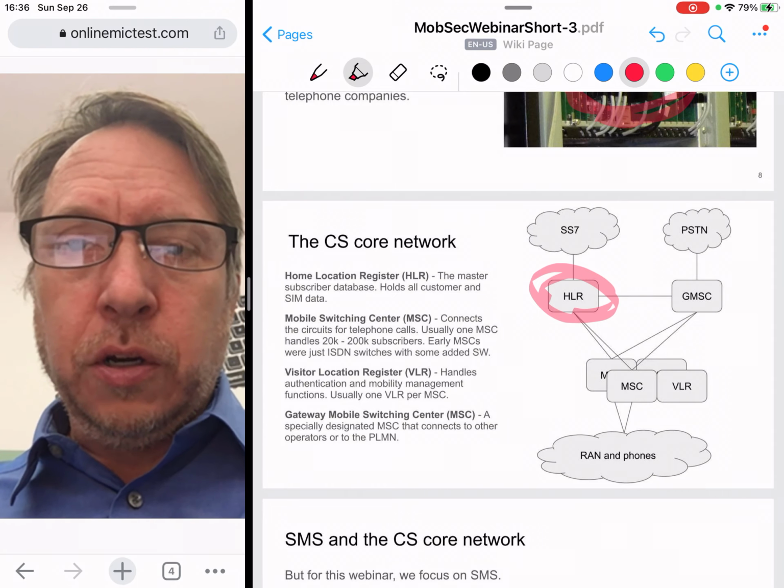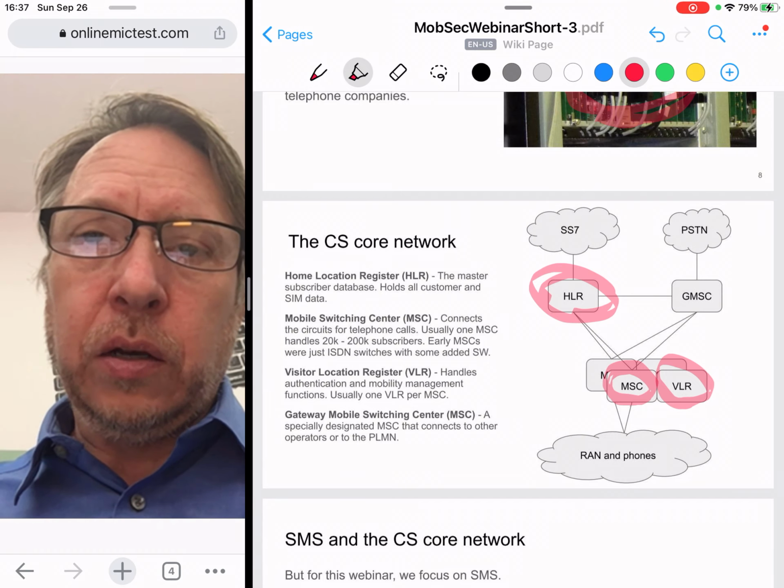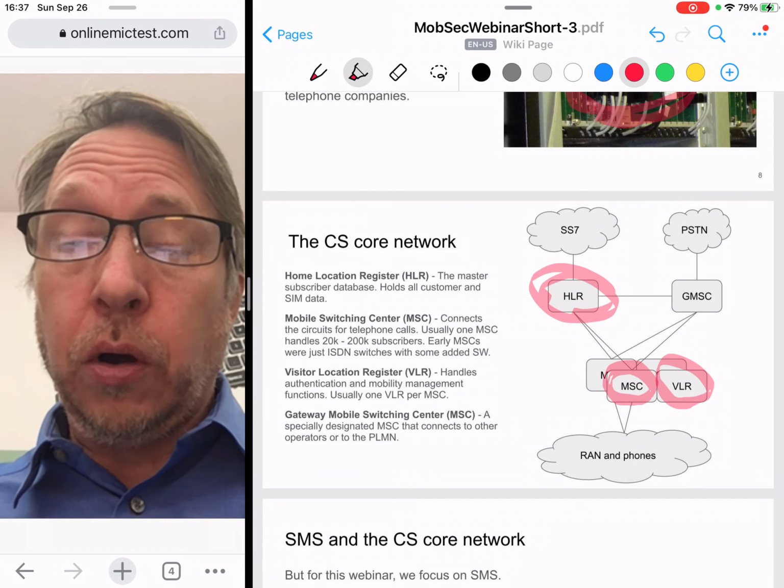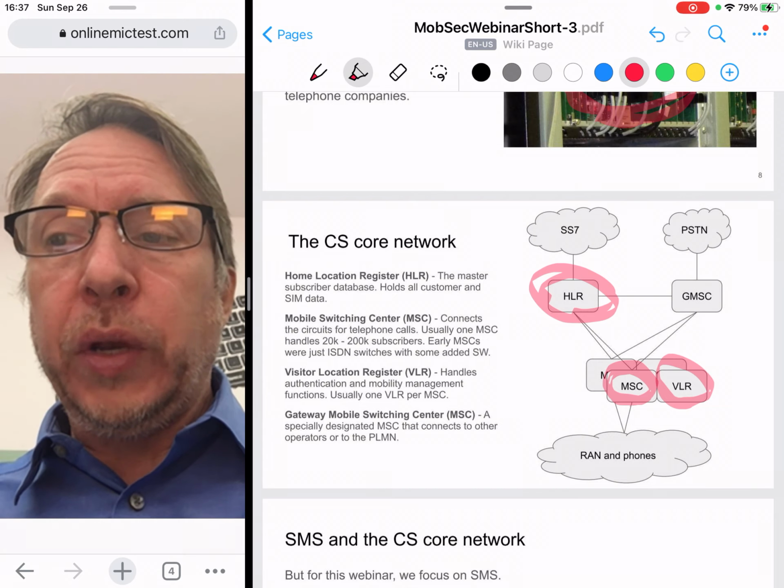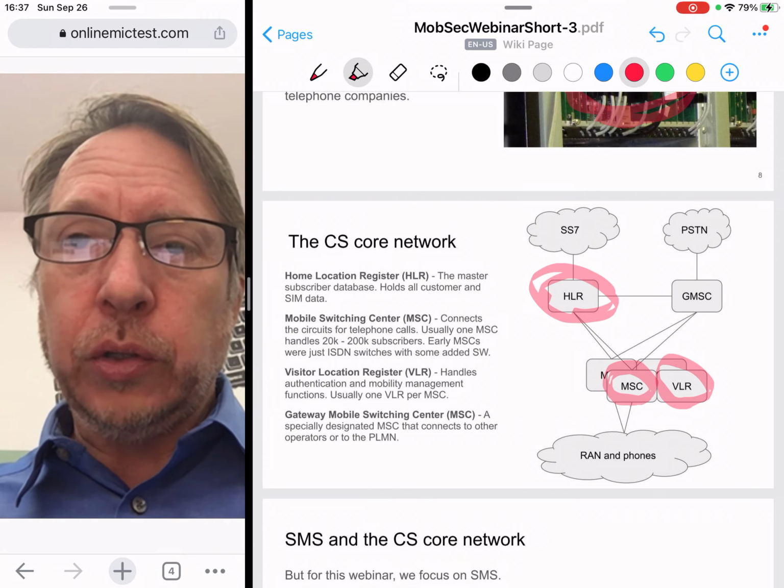We have the VLR, the visitor location register. The visitor location register performs immediate authentication and mobility management functions. What we mean by that is it authenticates users using cryptographic techniques, and it also helps the HLR keep track of where your phone is in the physical network so that inbound calls can be routed to it.